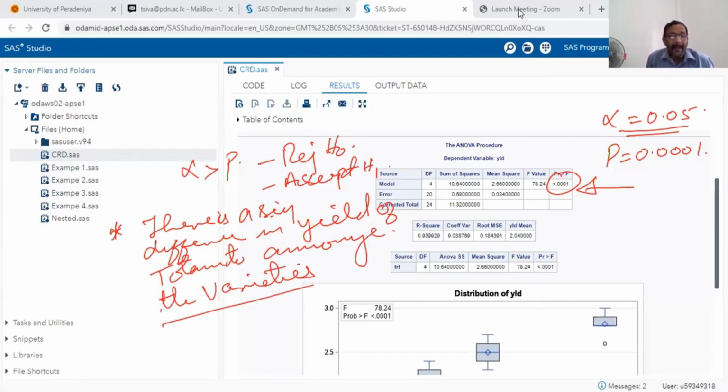You can't say here there's a significant difference among treatment. We'll have to tell, because what are the treatments, right? In application, we don't call it treatment. So we come up with the real name of the treatments, so that we could say like that, right? Okay, right.